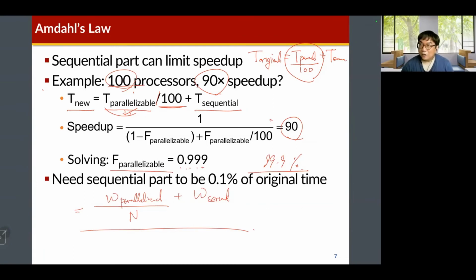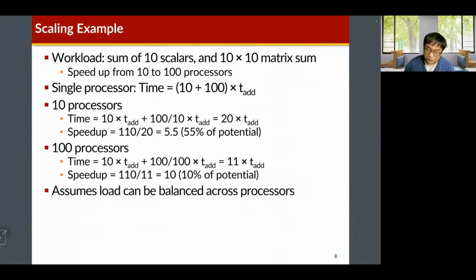But this is obvious. This is a simple equation, and based on it we can say that because of this part, the performance is restricted by this limitation in the parallel architecture, right? So think about this example.